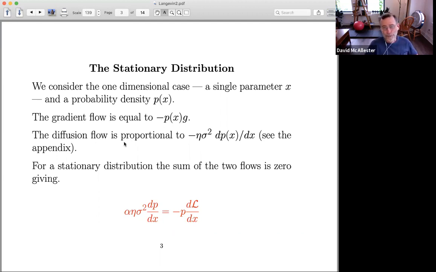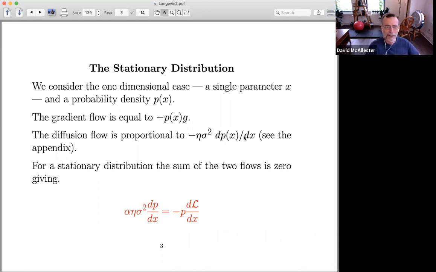There's a diffusion flow, and I've got an appendix of 3 slides at the end of this thing that I'm not going to cover, that shows in a kind of physicist argument that the diffusion flow is proportional to this quantity, where this is the gradient of the probability density.